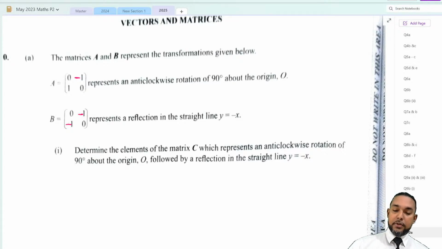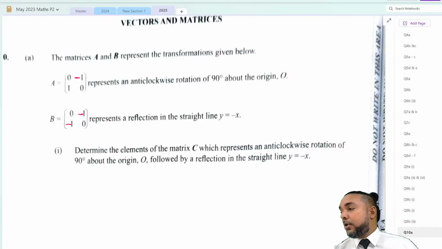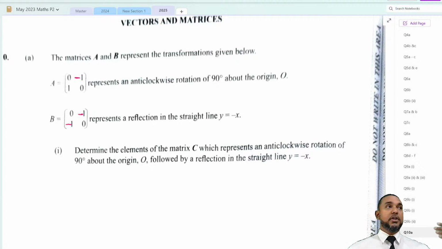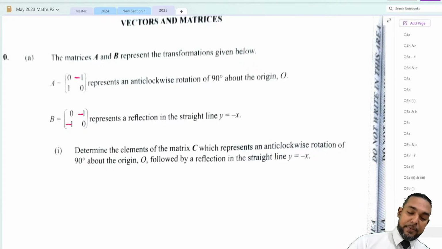In this particular case, you want a single matrix C, which is a combination of matrix A and matrix B. Normally we would write left going right, so we say we're doing A first, then B. But when you're talking about compound or sequential transformations, as in one transformation then the next one, instead of multiplying by one matrix and then the next one, you can multiply all the matrices beforehand, but you have to go in a particular order. So if we did A, then B, we actually have to reverse the order when multiplying.